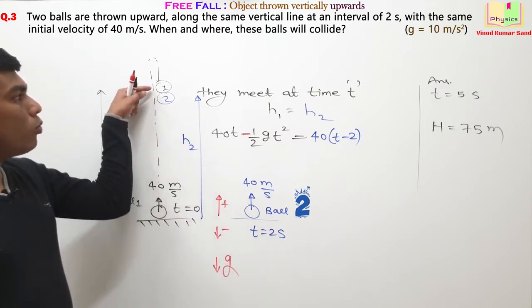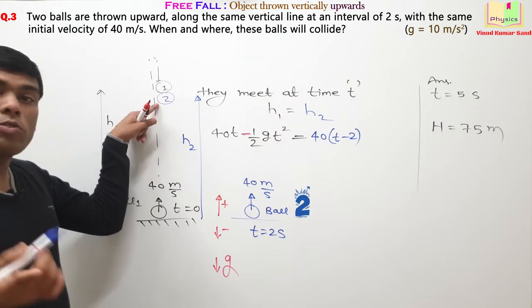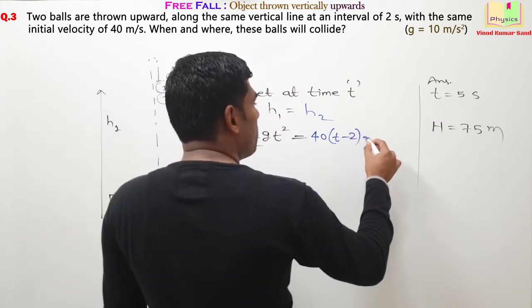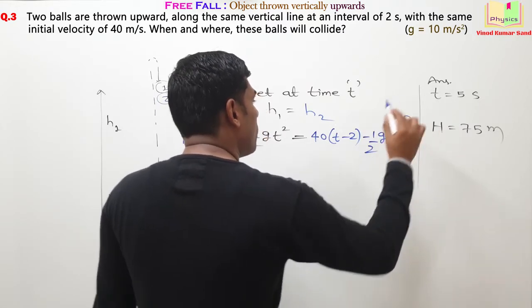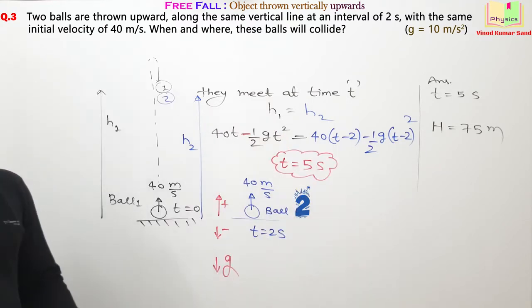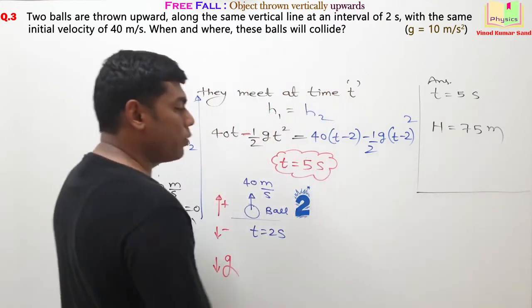So for ball 1, if this moment is t, then for ball 2, this moment of time will be t minus 2. Is it okay? Minus half g (t minus 2) whole square. It's a simple computation. Now if you have t equal to 5 seconds, you can easily calculate h1 or h2.